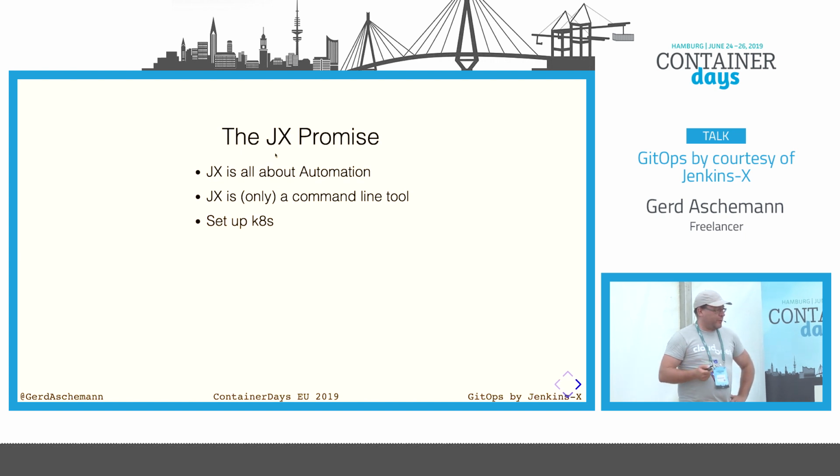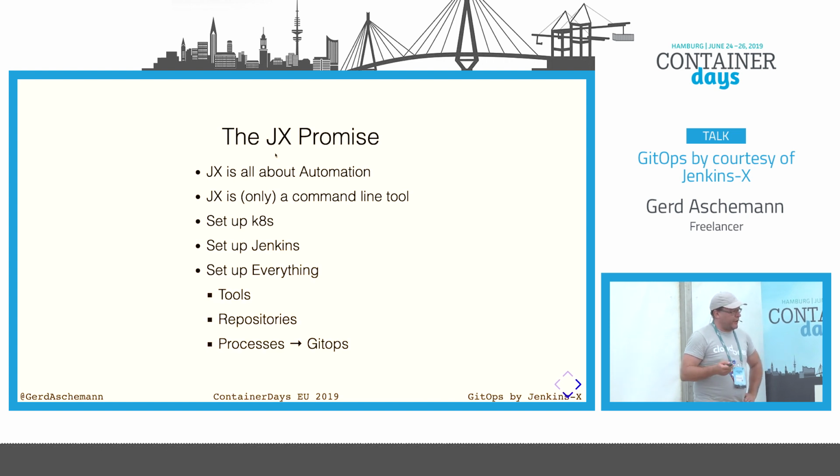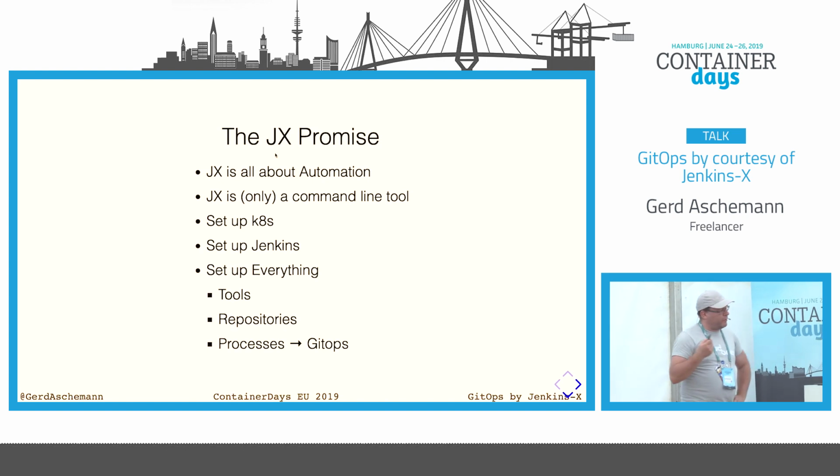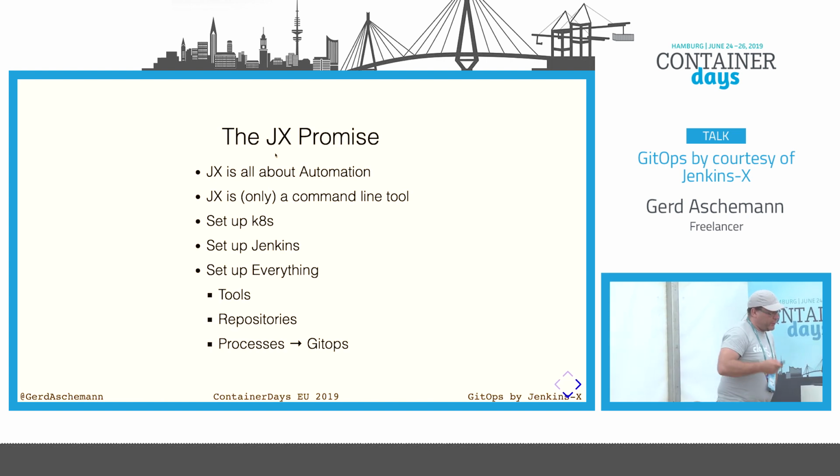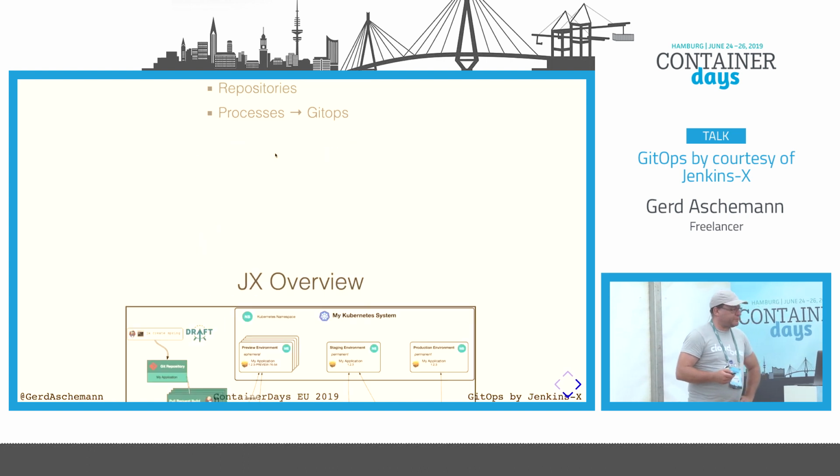It sets up a Kubernetes if you don't have one, it sets up a Jenkins, of course. It sets up everything else: tools, repositories. It implements some processes, the so-called GitOps workflow, etc. And everything is just coming out of this tiny little command line tool. And yeah, I have a demo of how it works.